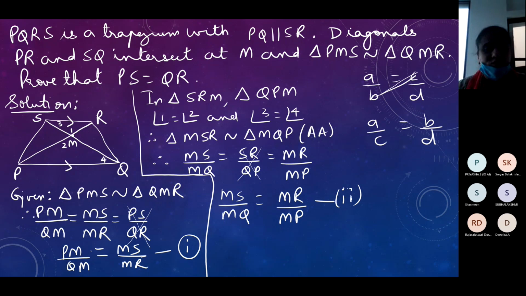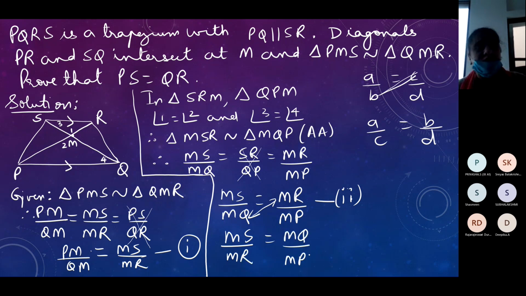So what we're going to do is use the alternando property here. MS by MR is equal to MQ by MP, using alternando. So that's why we are going to call this one 2.